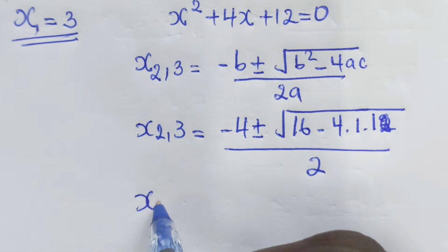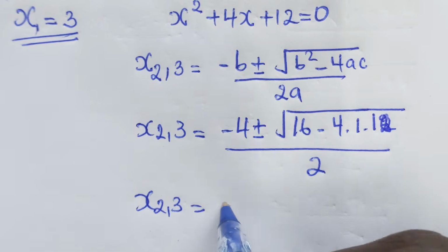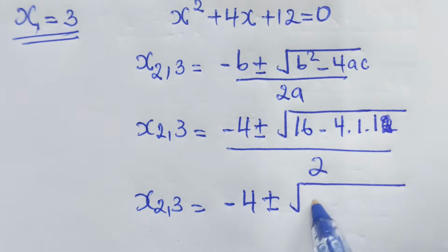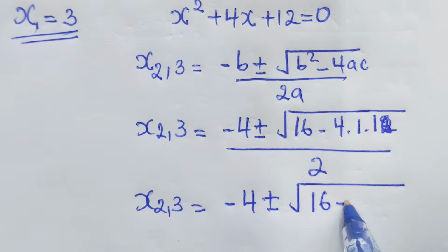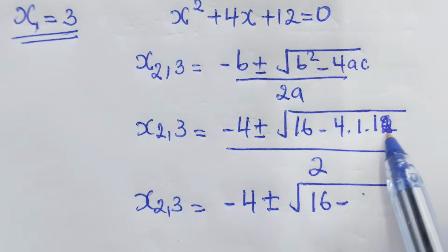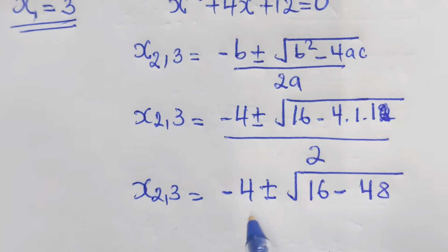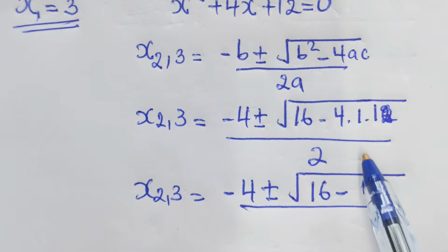Then x2 and 3 equal to negative 4 plus or minus the square root of 16 minus 48, over 2.